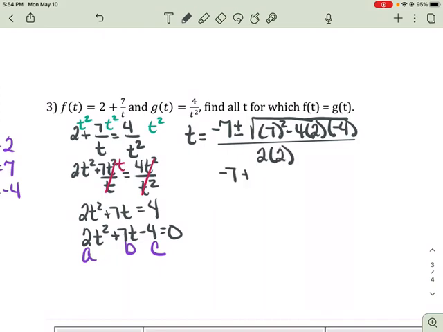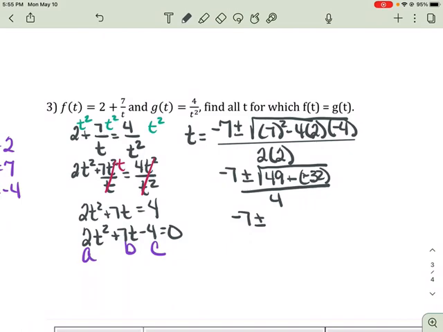Negative 7 plus or minus the square root of 49 minus negative 32, all over 4. So negative 7 plus or minus, all right, 49 plus 32.